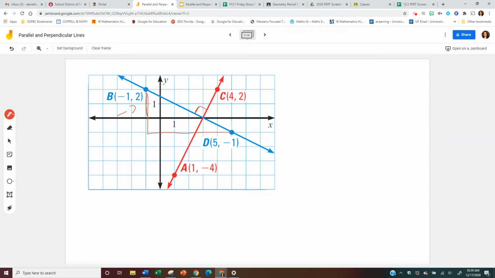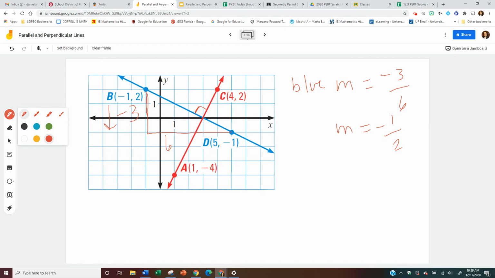So my rise is -3 because I go down, and my run is 1, 2, 3, 4, 5, 6, +6 because of the direction that I go in. So for the blue line, I'm going to use m for my slope. My slope is -3/6, which can be reduced to -1/2.